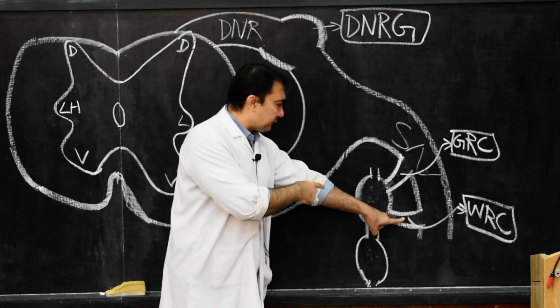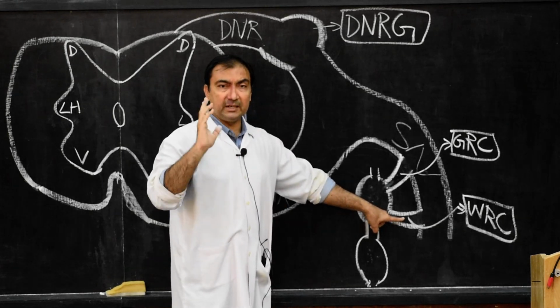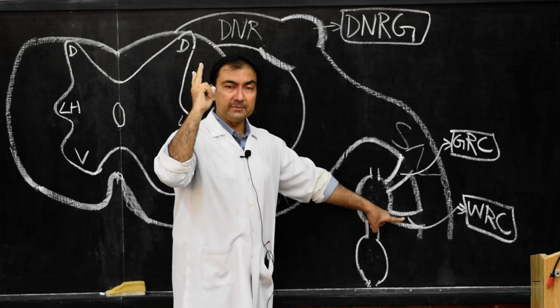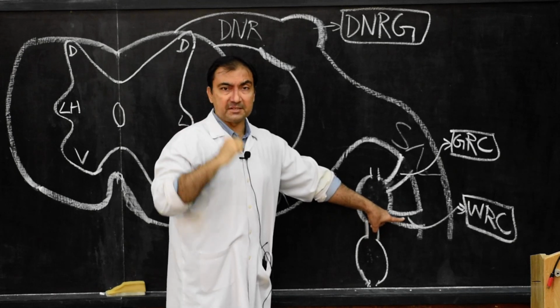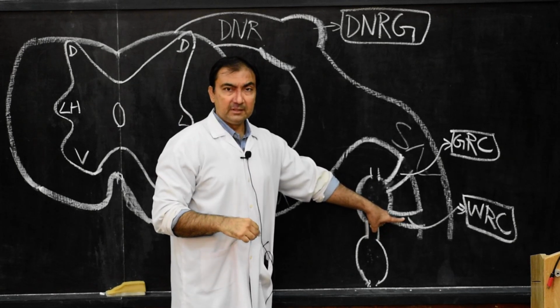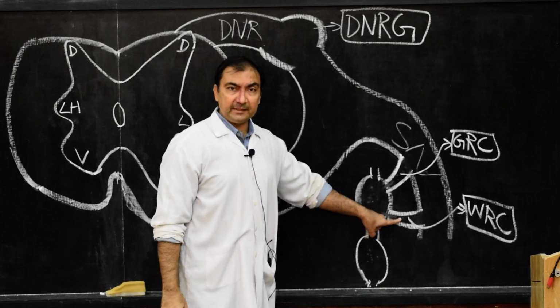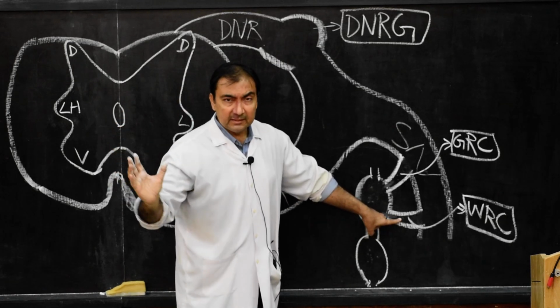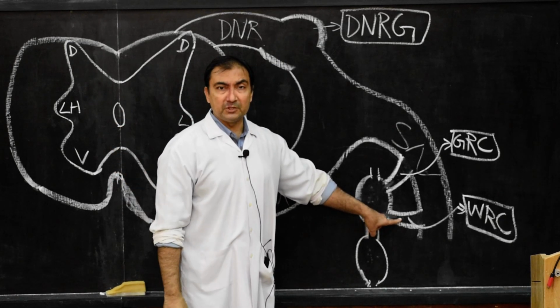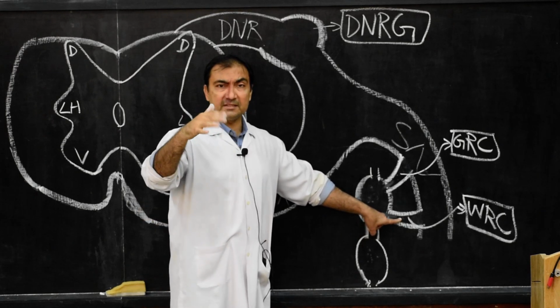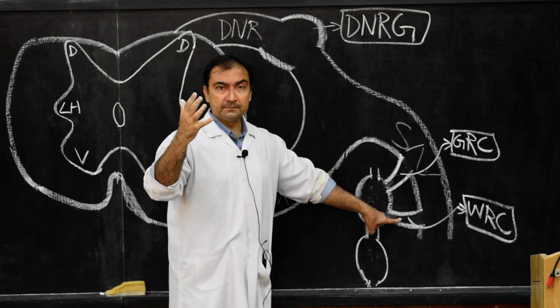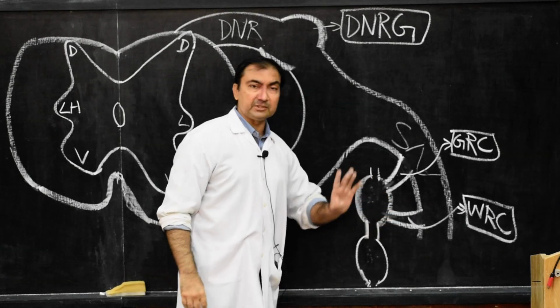And these preganglionic fibers of the white ramus communicants will contain, remember, two types of fibers, two types of sensations. Number one, viscerosensory, that is, they will bring the sensations of pain from the viscera, and they will be carried through white ramus communicants.